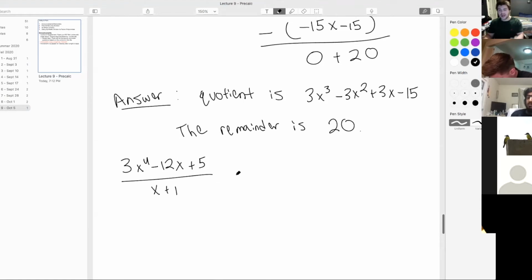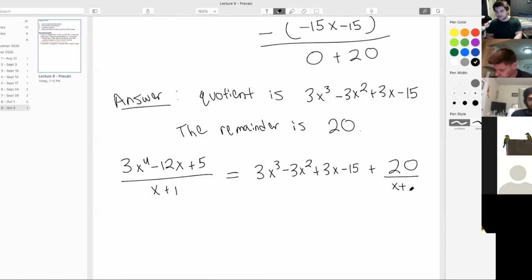We have now decomposed this as such. You write it as the quotient, 3x cubed minus 3x squared plus 3x minus 15, and then you add the remainder, but you put it over x plus 1. Whatever you were dividing by, plus 20 over x plus 1.